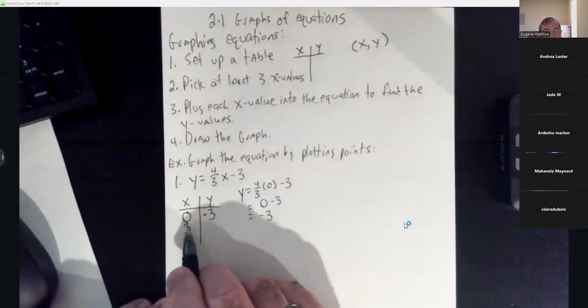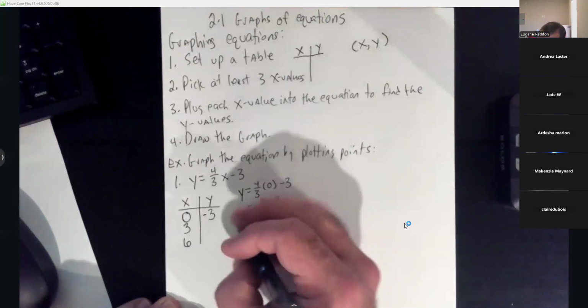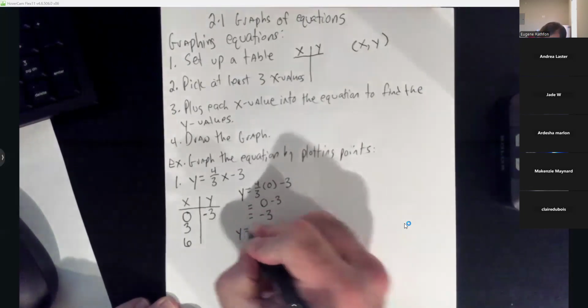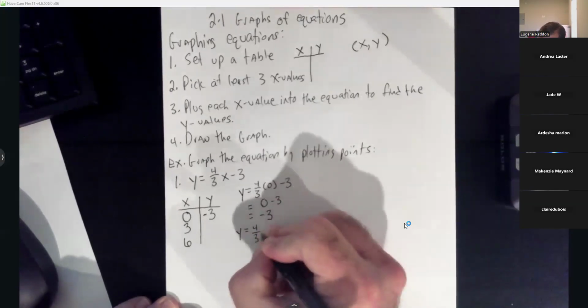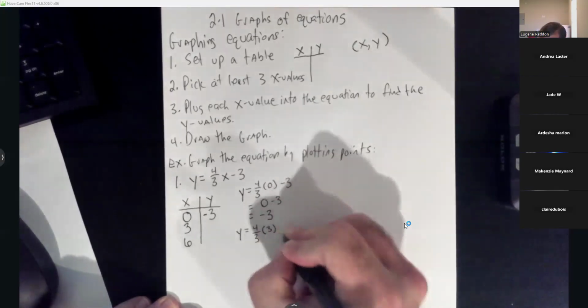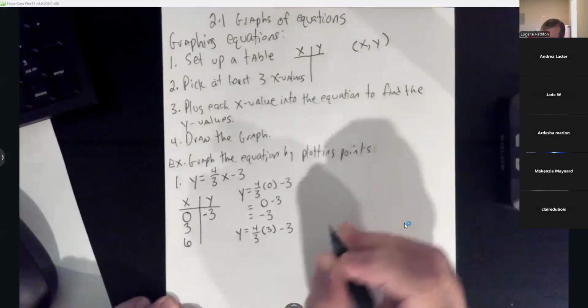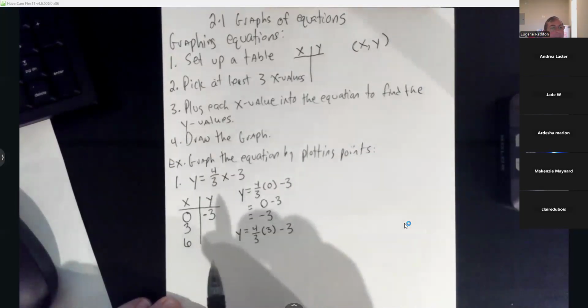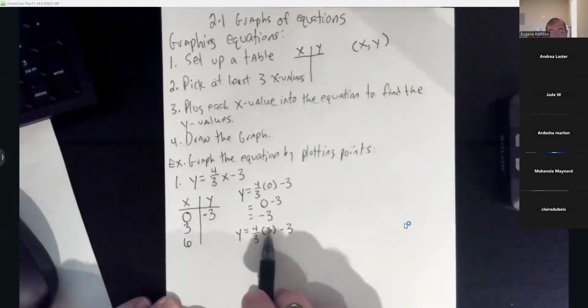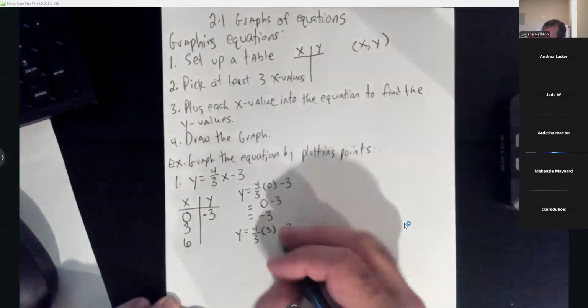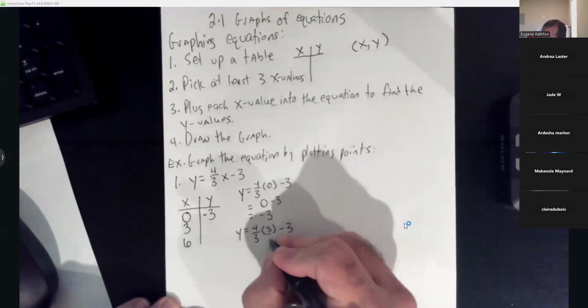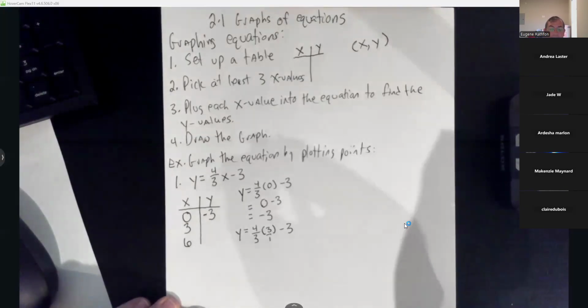Now, the second one, I'm going to put the 3 in for the x. So that's going to give me y equals 4/3 times 3 minus 3. All right, so what happens, and you can treat the 3 like a fraction when you're multiplying by putting a 1 under it.